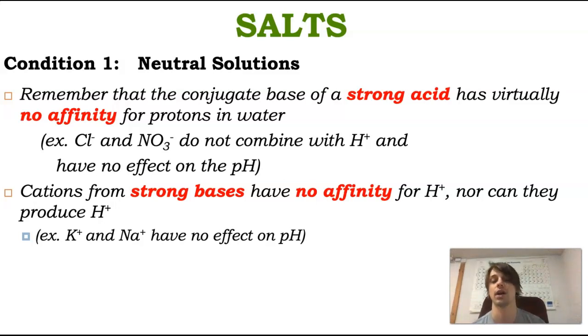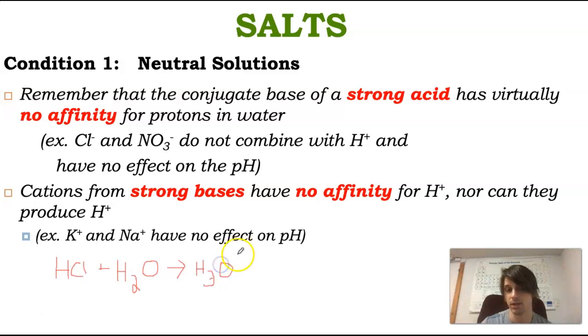If I look at a strong acid, HCl, and it reacts with water, I think I have this reaction on the next slide, but I'm just going to talk about it here. If HCl reacts with water, it produces H3O+, hydronium, and Cl-.